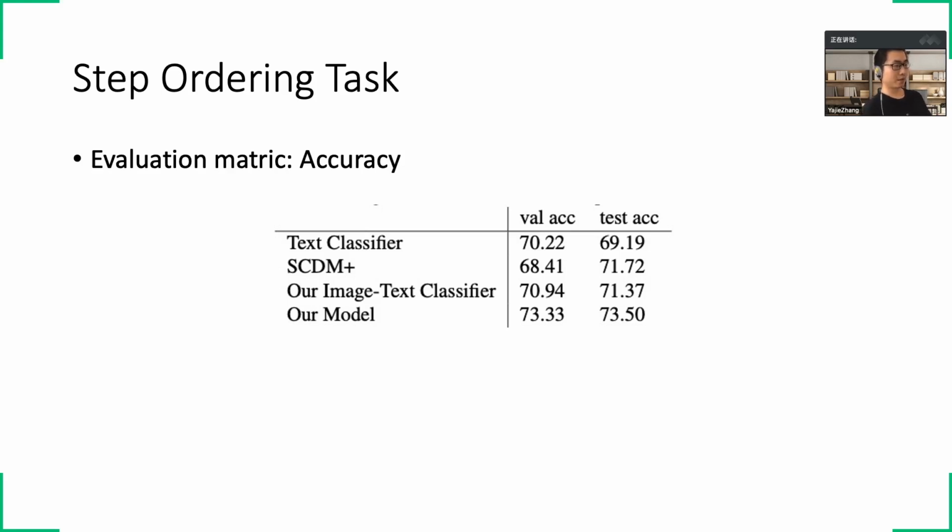The comparison of our image text classifier with the text classifier shows that the video feature is certainly helpful for this task. Our final model is an ensemble of the 3 models, and our final validation accuracy and test accuracy is the second place on the test leaderboard.